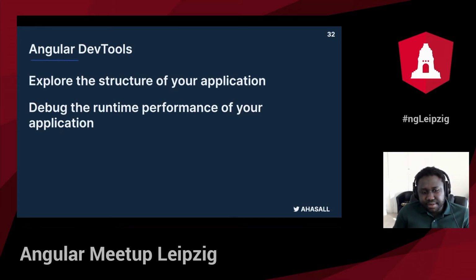With the Angular DevTools, you can see the component hierarchy of your Angular application. You can view the properties of your Angular components and directives and update them directly inside your browser. You can also see when change detection runs and why.